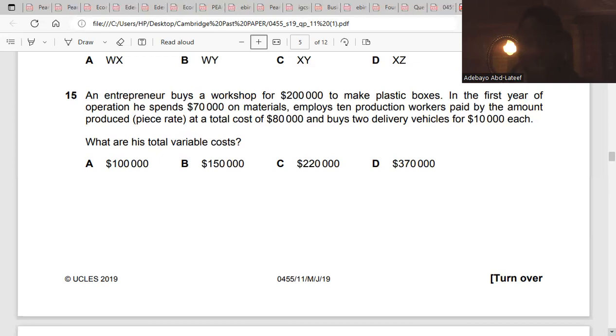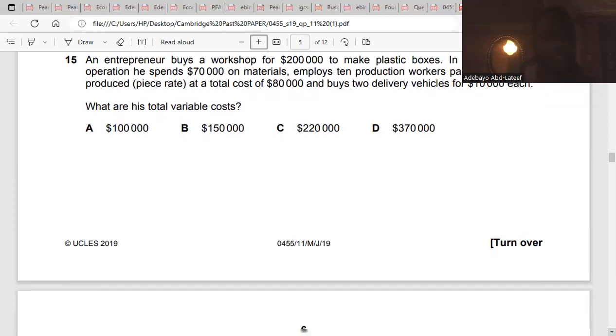Then we add the piece rate total cost of 80,000. That's 70,000 plus 80,000, which is 150,000. So the variable cost is 150,000. The amount paid for workers, which is not salary here, it is wages, plus the cost of raw material, which is also another variable cost, making 150,000. So the answer is B.